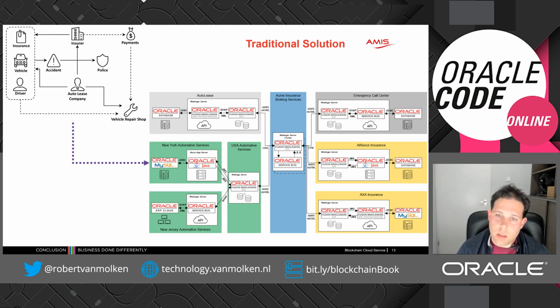In this case, what can happen is that if Autolease sends out an insurance claim through the broker that needs to be received by the two insurance companies, the broking service needs to have that mechanism in place. But in a traditional B2B solution, you have maybe a functional document describing the business transactions and the messages going over the line.